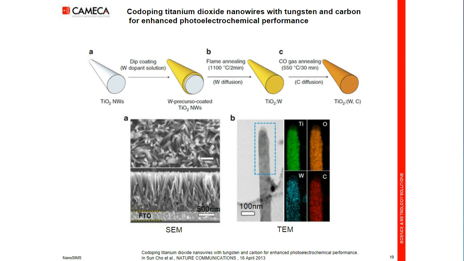We see the images in SEM and an image of one processed nanowire in TEM, but of course the TEM sees through the nanowire, so thin, so the beam goes through, and so you do not differentiate the coating from the bulk. So NanoSIMS was used to try to see and visualize this.